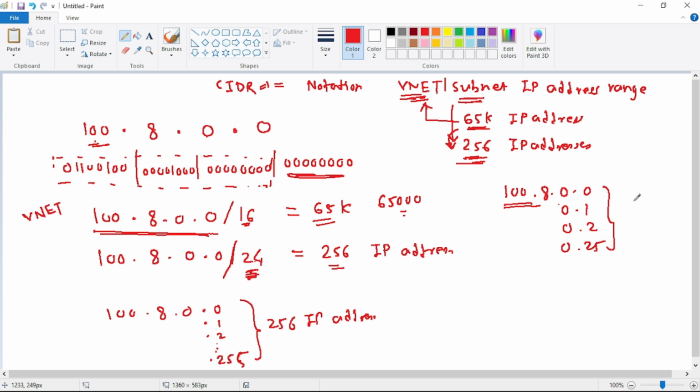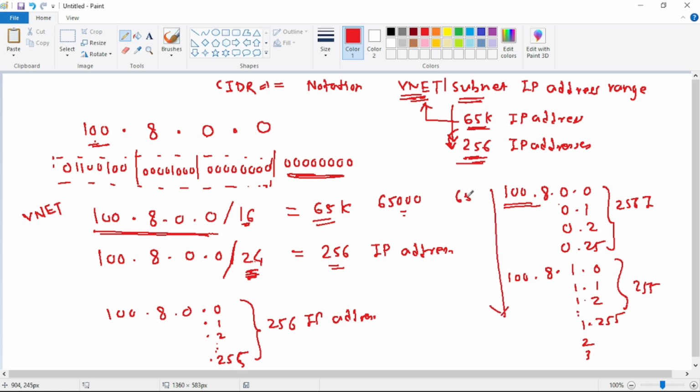So first we have these 256 IP addresses, then again 100.8 is constant, it will be 1.0, 1.1, 1.2, and like that up to 1.255, so again 256 addresses. Then this number will go on to 2, 3, and like that we can have a total of 65k IP addresses.